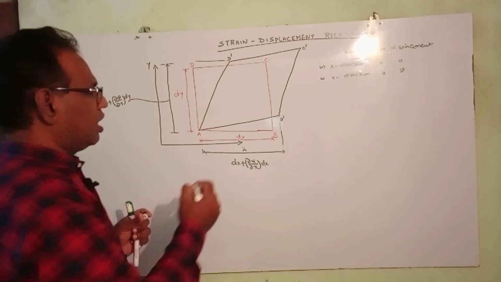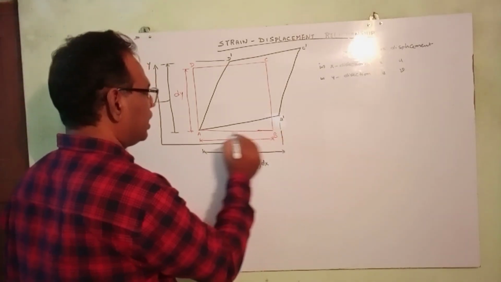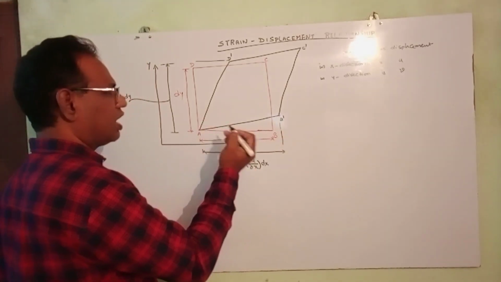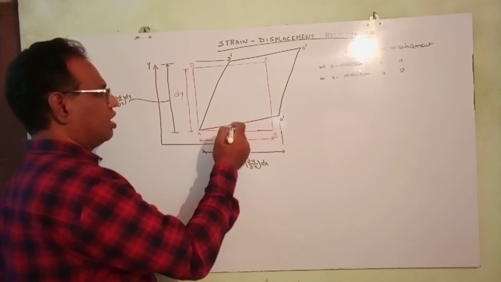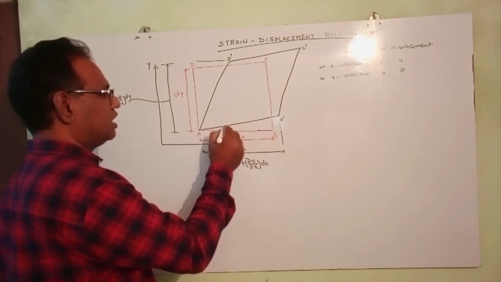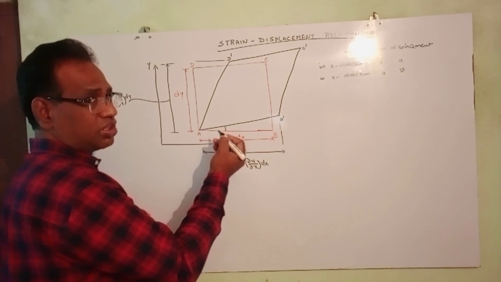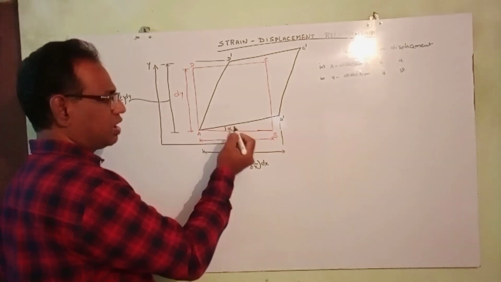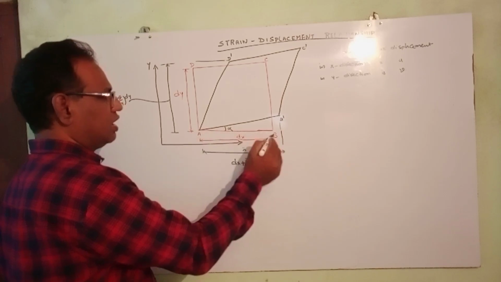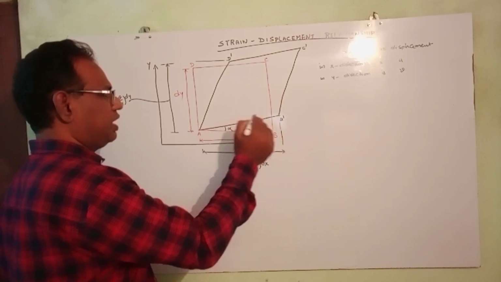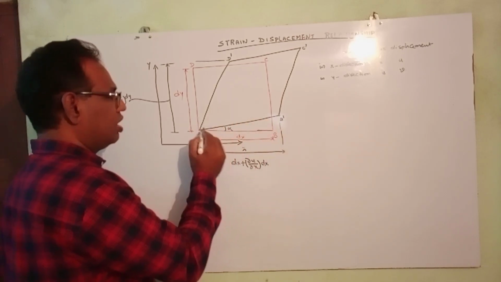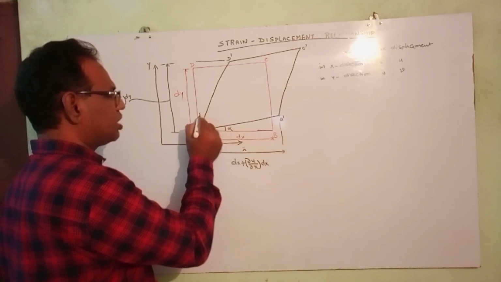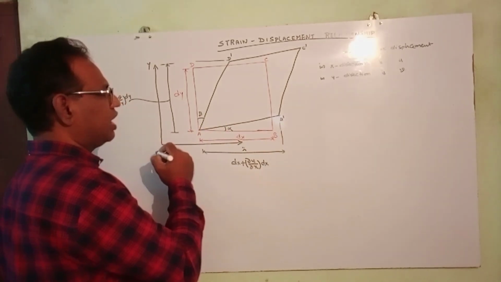Because the elongation is possible in both the x and y directions, the shape of the element is distorted. The length AB has become AB dash, and because of this the shape is distorted, with angle alpha, and this is the angle beta.